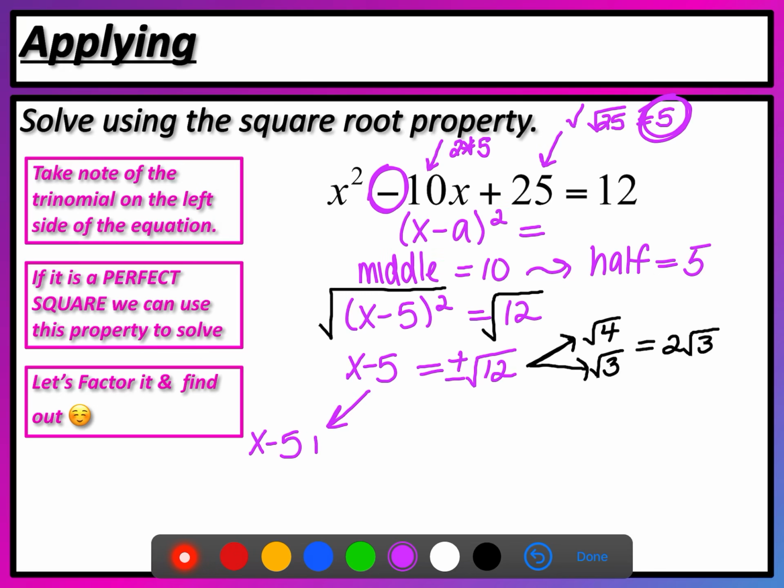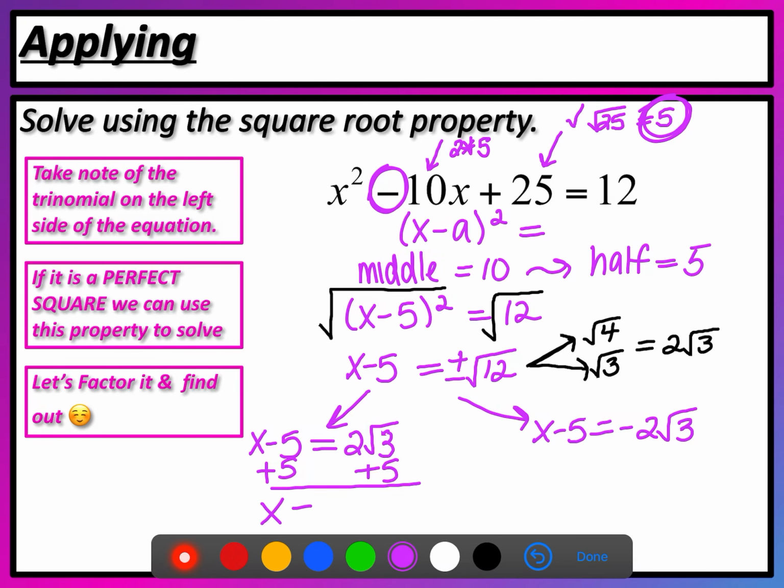So when I split this up, I'm going to use that simplified radical. So positive and then negative. Okay, and solve. So remember, these are not like terms. So we're just going to leave them as adding two separate terms.